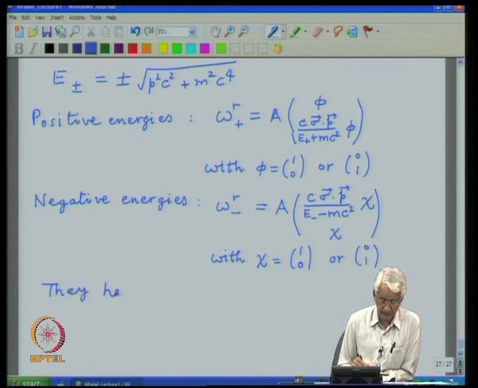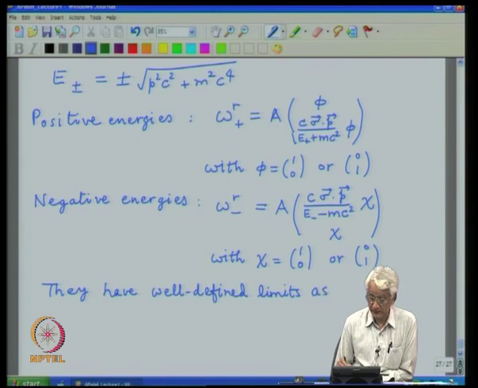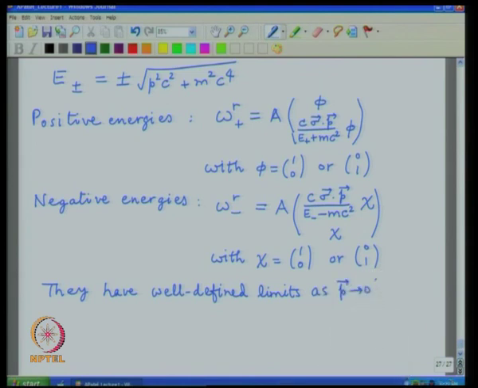So, they have well defined limits as the momentum goes to 0, which is also called the rest frame of the particle.